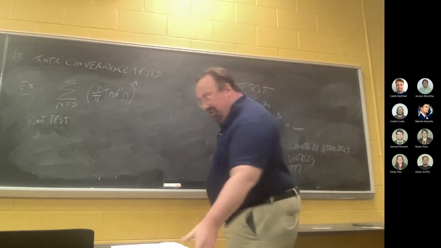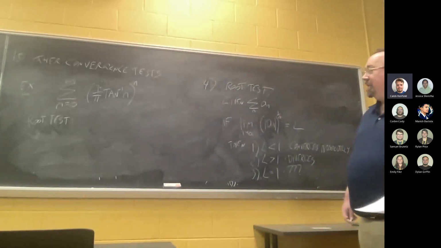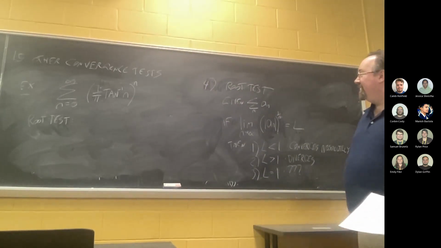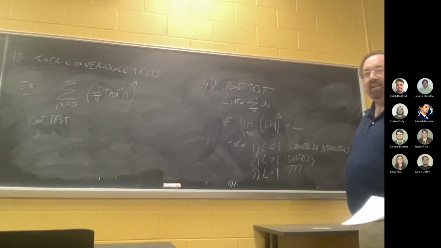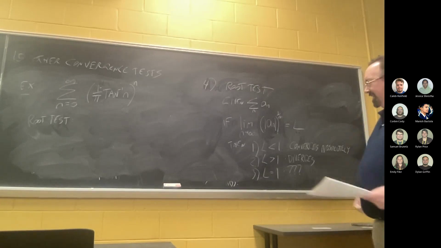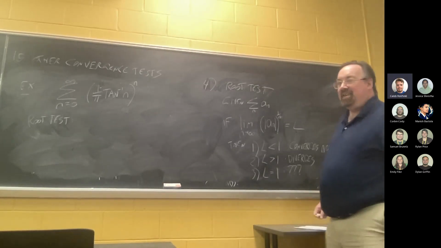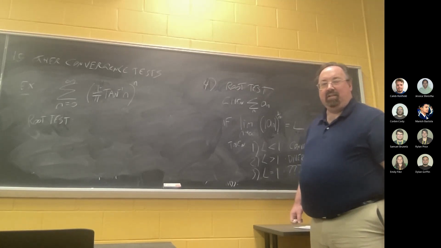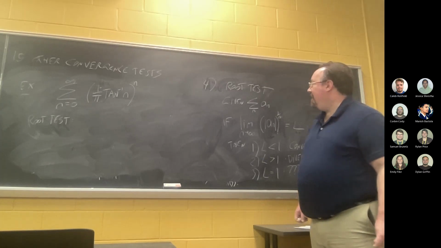Professor, was number 3 the ratio test? Yes. My numbering system might have been a little messed up. I spent so much time on alternating series tests. Did you just erase the ratio test and put the root test where it was? Yeah.